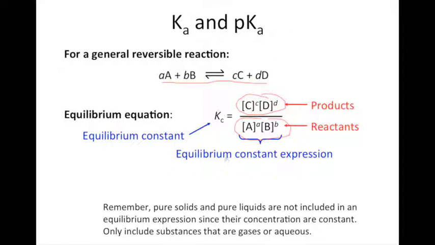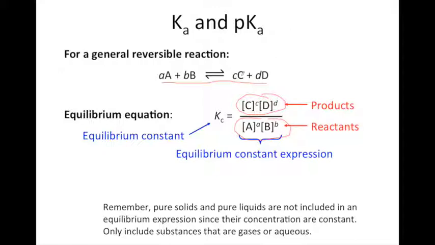Now, anything that is a pure liquid or pure solid, we would not include in an equilibrium constant expression, because the concentrations of pure solids and pure liquids remain constant. So only gases or aqueous solutions do we include in an equilibrium constant expression.